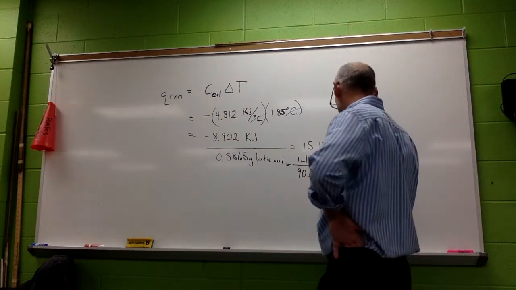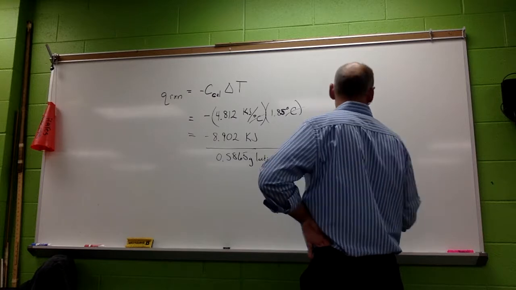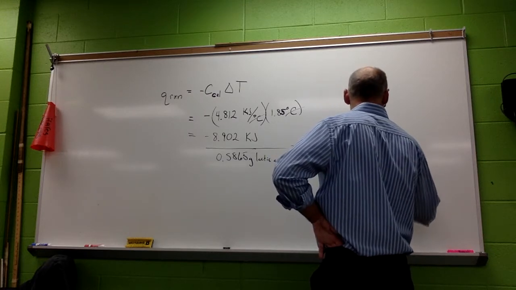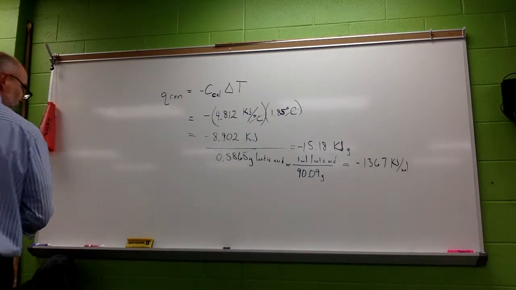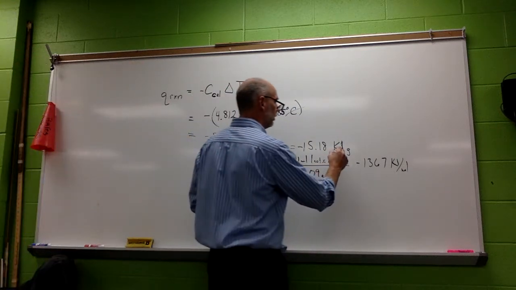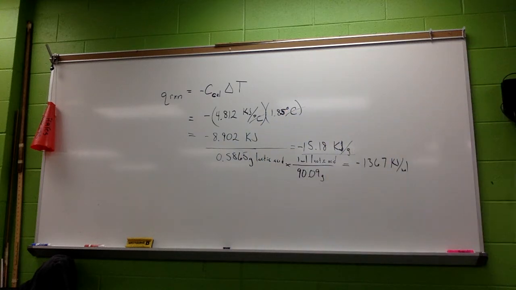We get negative 1367 kilojoules per mole. So negative 15.18 kilojoules per gram or negative 1367 kilojoules per mole. It's not hard.